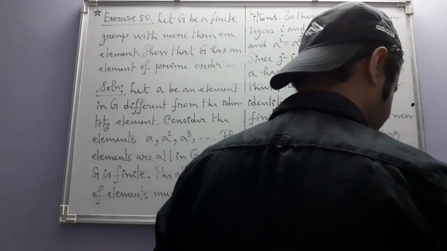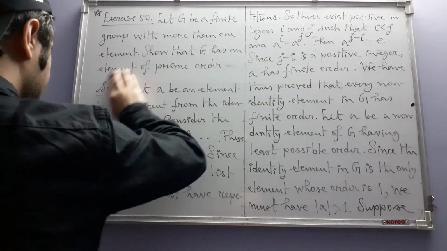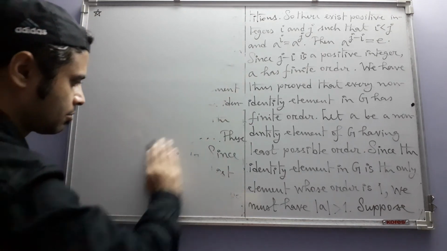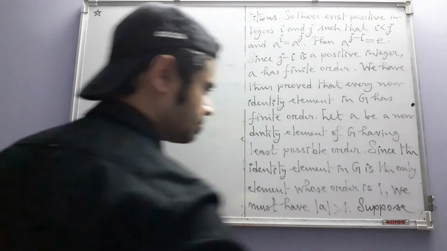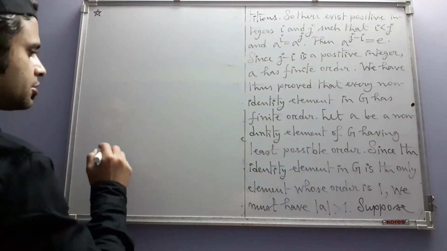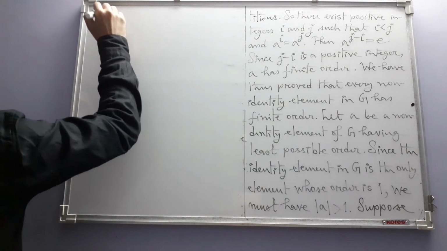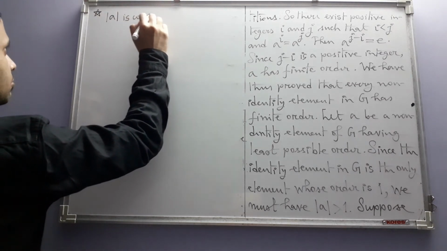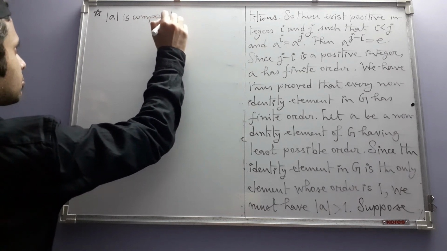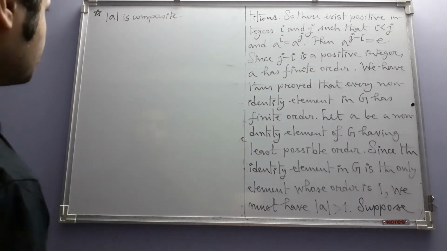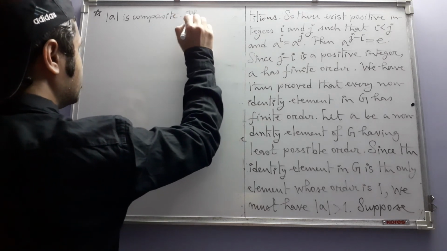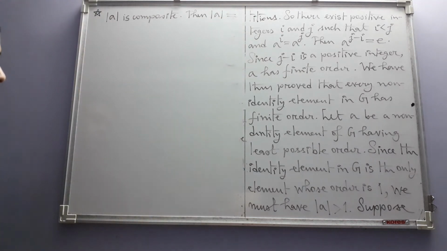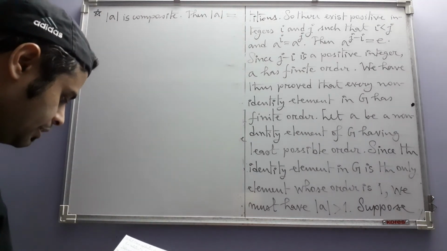Suppose, to the contrary, that it is composite. Suppose this is composite, then this is equal to, have we used any n or m?